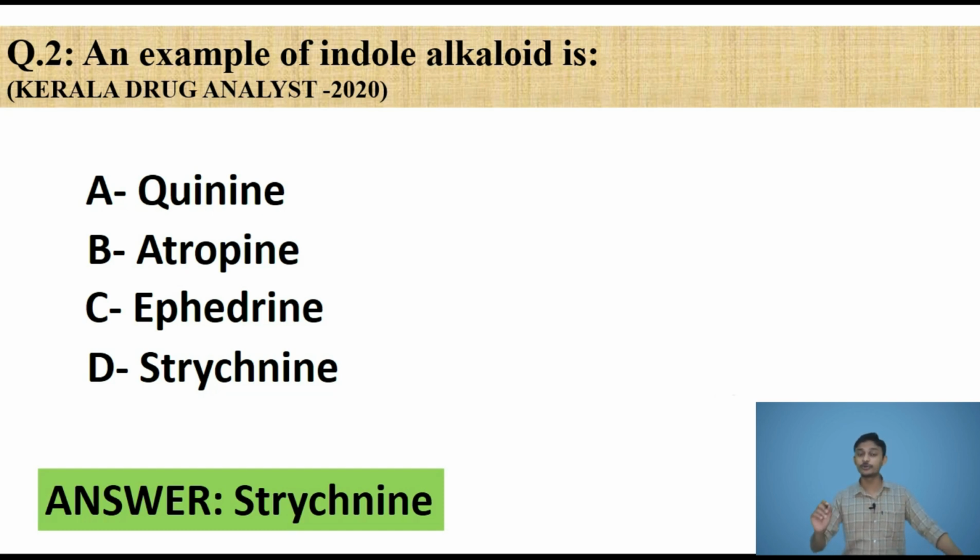Example for pseudo alkaloid is caffeine. Now amino or protoalkaloid. Why is it called amino or protoalkaloid? Because it is derived from the amino acid, but the nitrogen atom is not there in the heterocyclic ring. That's why it is called protoalkaloid. Alkaloids are classified as true alkaloids, protoalkaloids, and pseudoalkaloids. True alkaloid means they have nitrogen in the heterocyclic ring and it is derived from amino acid.